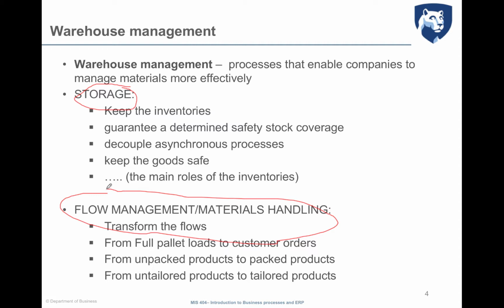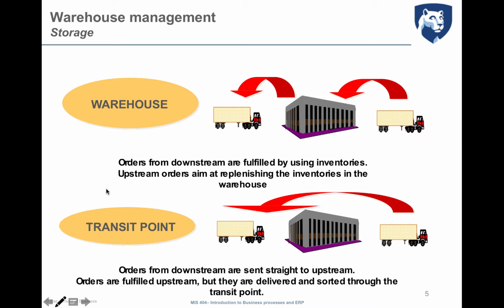So we will now give some details about these two big group of activities in order to better understand what warehouse management and logistic is about. First of all, related to the storage, when we refer to warehouse and warehouse management, we can distinguish two types of warehouses.